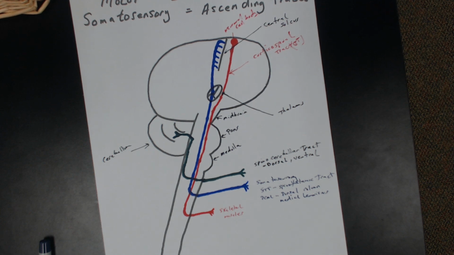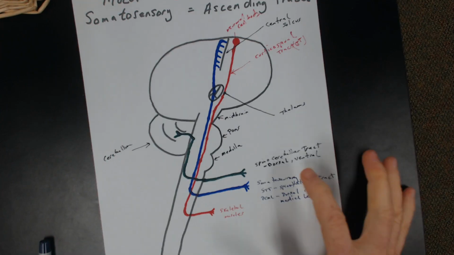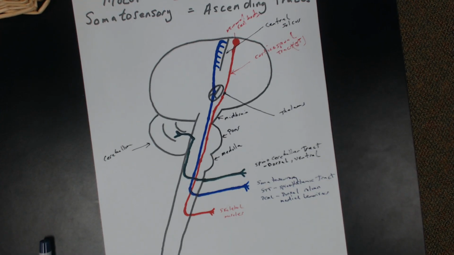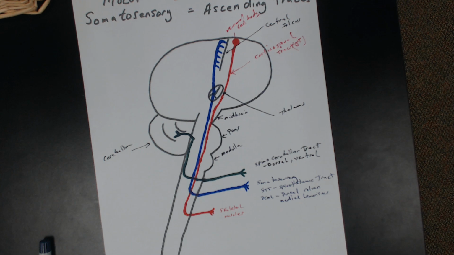But you should know that if we did a cross-section through the spinal cord, you should expect to see dorsal and ventral spinocerebellar tracts. You would expect to see the corticospinal tracts, and you would also expect to see spinothalamic tract and dorsal column medial lemniscus. Okay? That's where we are.